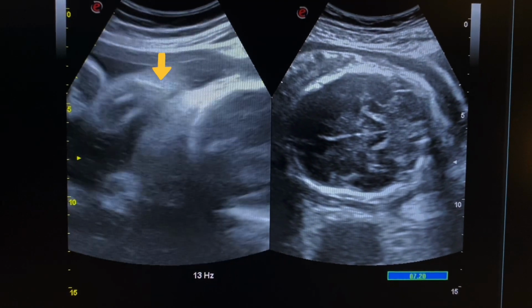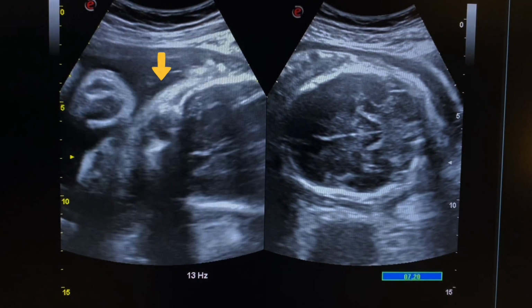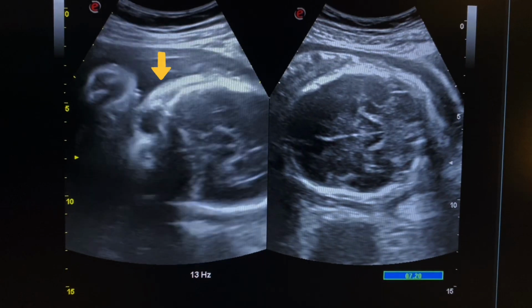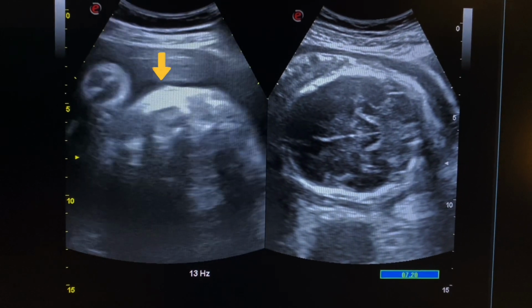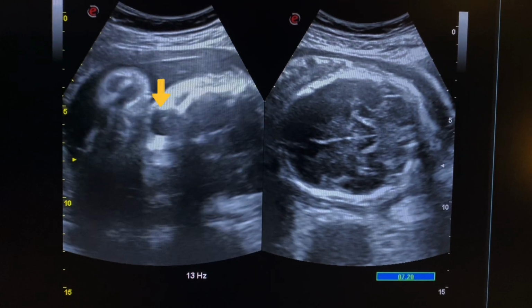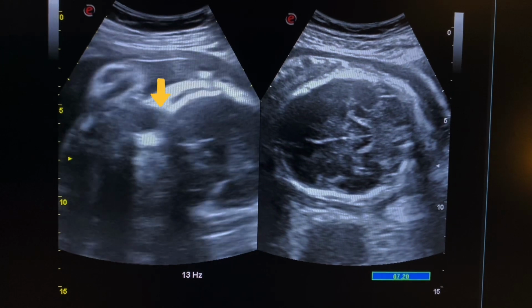Now we will rotate the probe in longitudinal view. Here we see the eyeball of the fetus, which is hypoechoic.